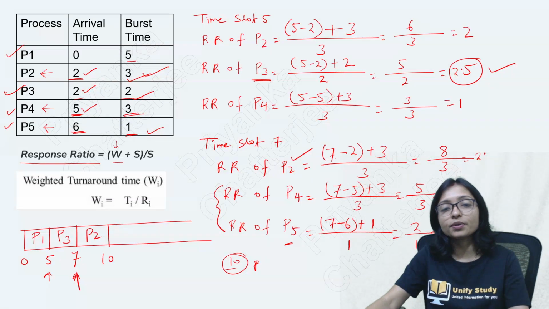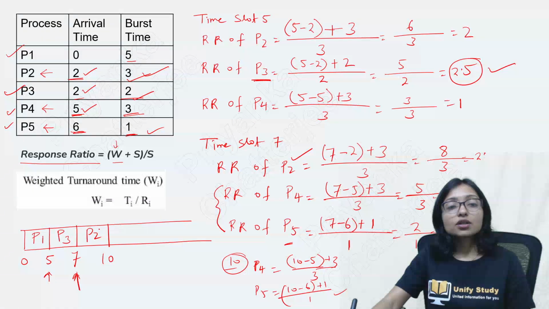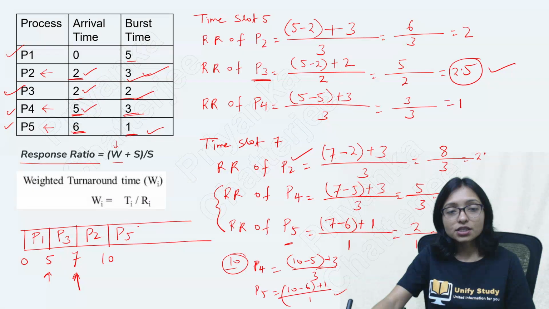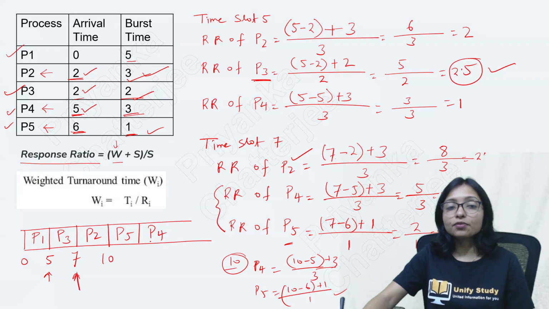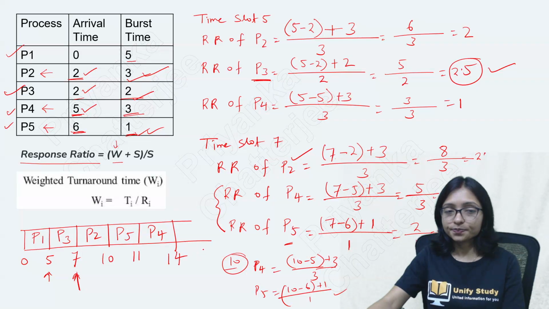For P4 it will be 10 minus 5 plus 3 divided by 3, and for P5 it will be 10 minus 6 plus 1 divided by 1. So definitely P5 will be the highest one. So you will do P5 first, then P4. P5 is taking 1 unit of time, means 11. After that P4 means it will be 14, right?